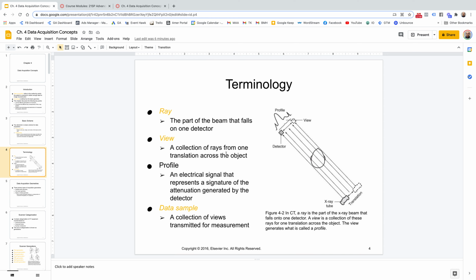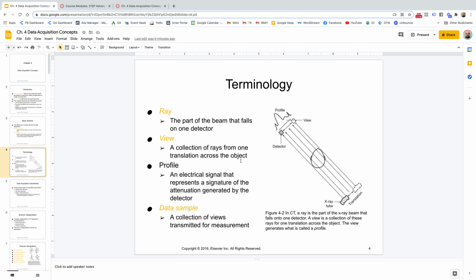A view is multiple rays, more than one ray from one translation across the object, from one scan, one spin, one rotation. They call a rotation a translation. So a view is a collection of rays from one rotation or one translation.